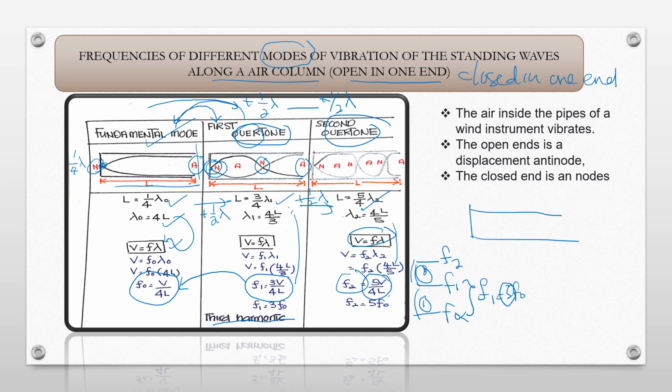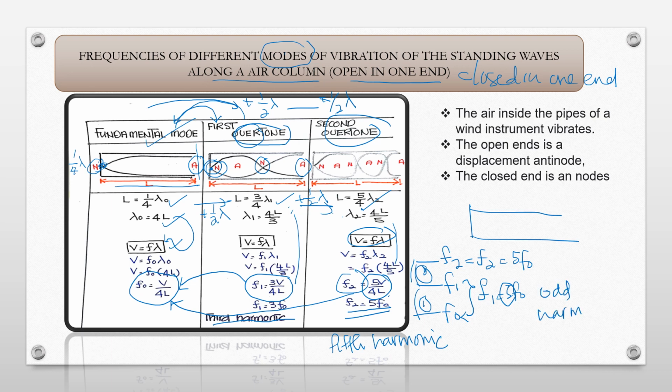Then you compare this with the fundamental frequency. Then you get f2 equals 5f0. So 5f0 means it is the fifth harmonic. So that means that in an air column open in one end or closed in one end, there are odd harmonics.